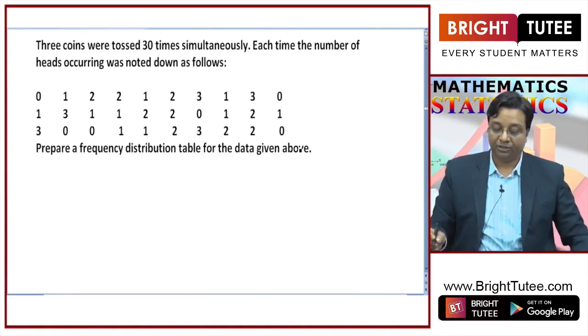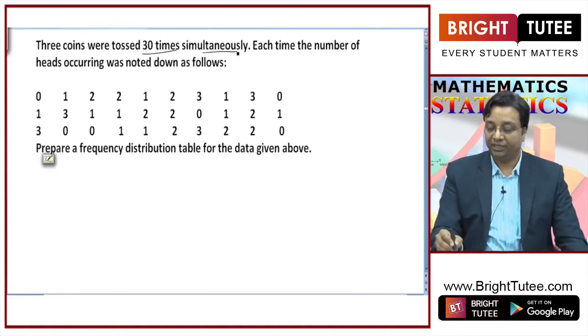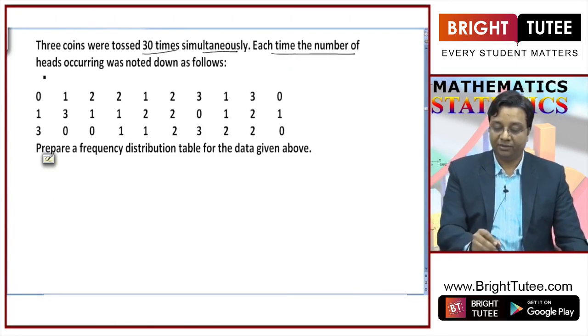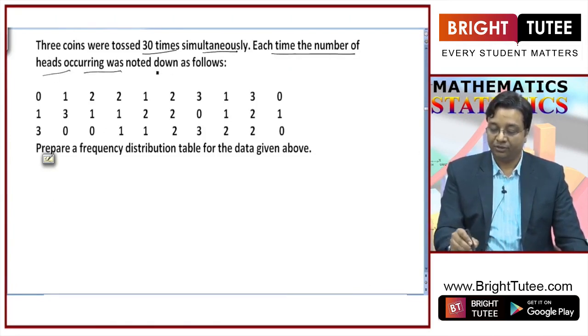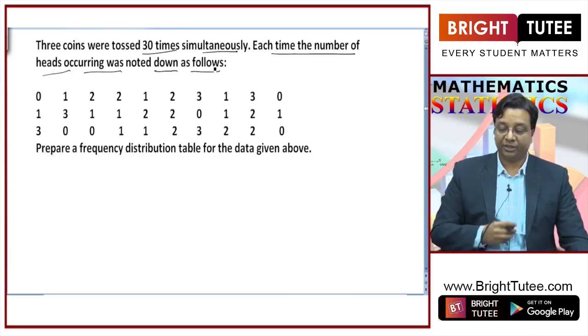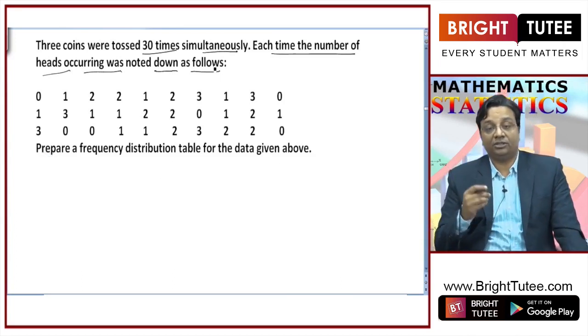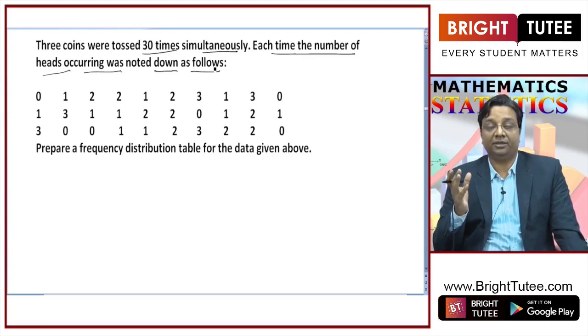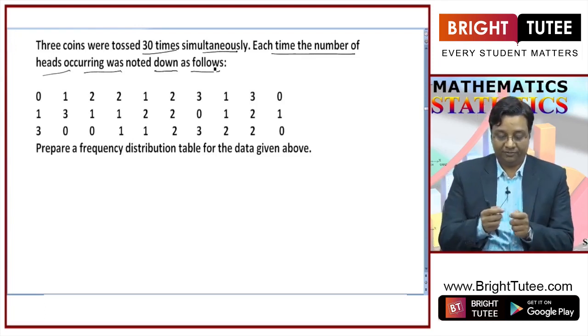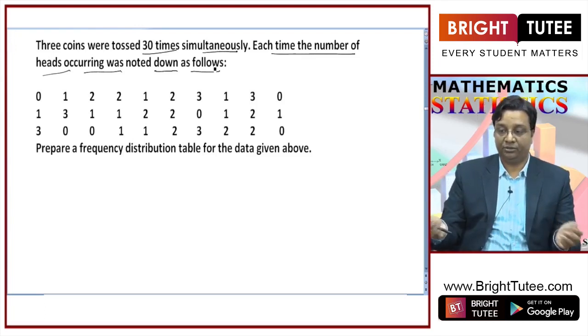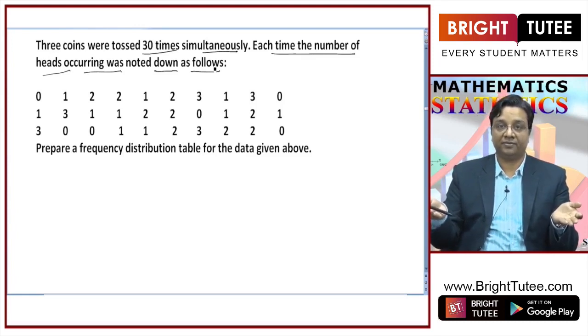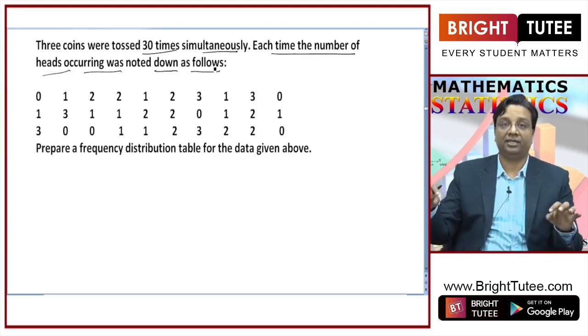Now, 3 coins were tossed 30 times simultaneously. Each time the number of heads occurring was noted down as below. That means you have 3 coins, let us say, and you toss them simultaneously once and note down the number of heads.